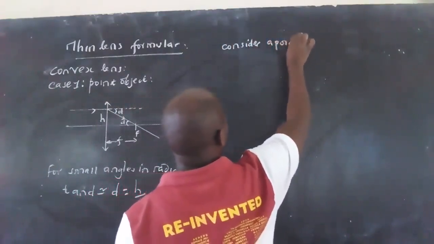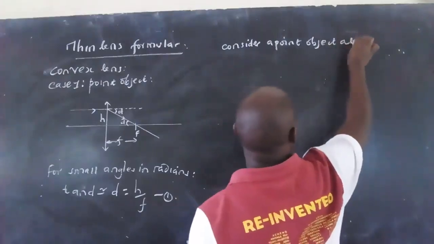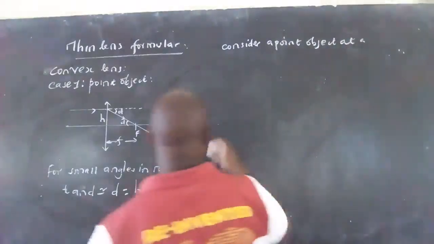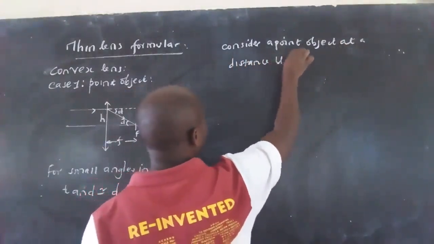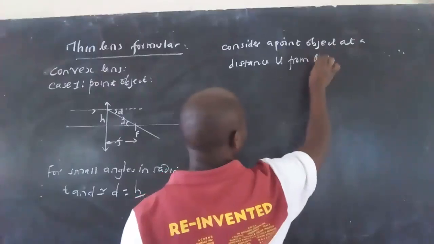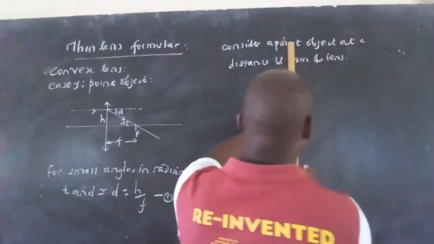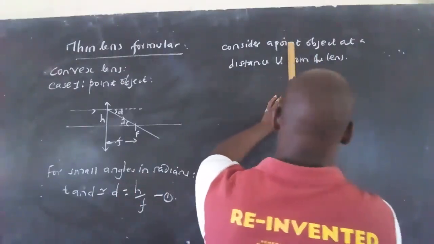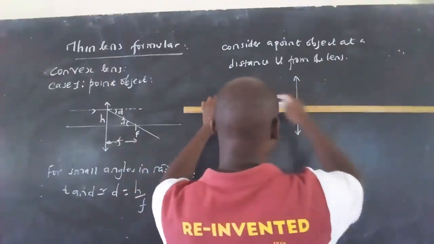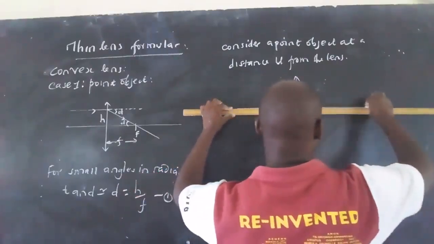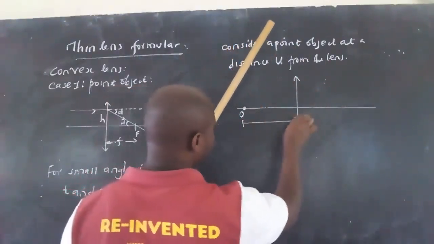Then consider a point object at a distance u from the lens. So we have this. This is the lens. Then you have this axis. We have point object O at the distance u.